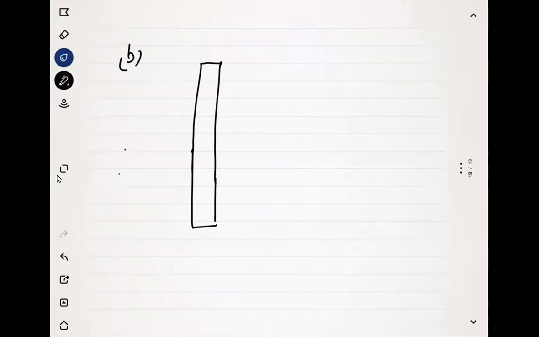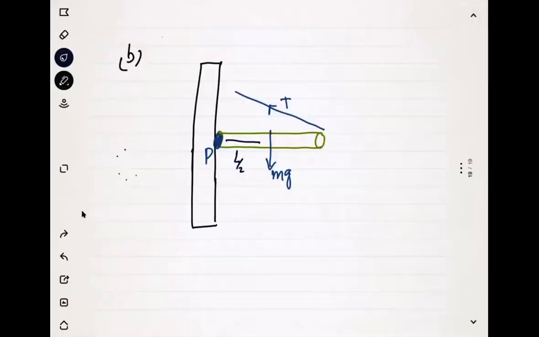The two forces are T and mg. And if we apply the second condition of equilibrium for this situation, then we can write that clockwise moment will be equal to the anti-clockwise moment.